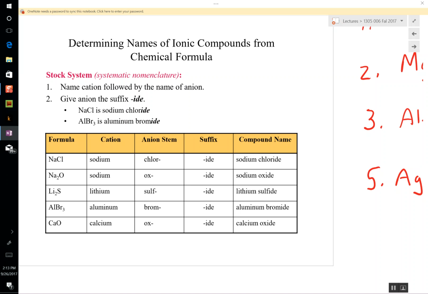Sodium sulfide. So the formula for sodium sulfide.